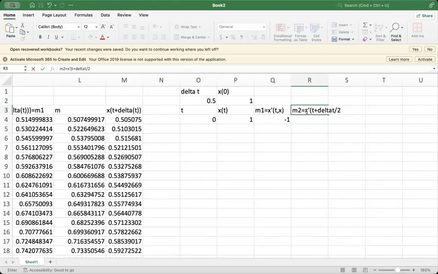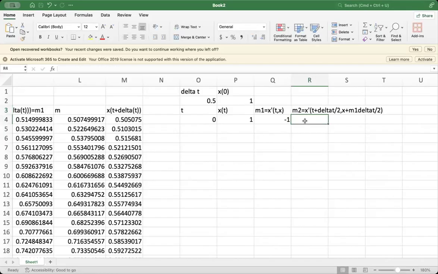And so that's where the t value is going to come from. And then the x value is going to follow this slope m1 for half a time step plus our original point. So it's x plus m1 times delta t over 2. This looks horrible, but that's the idea.